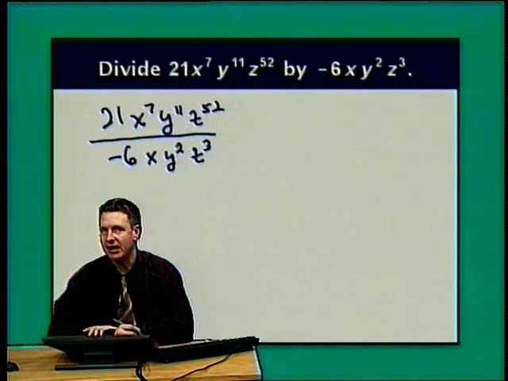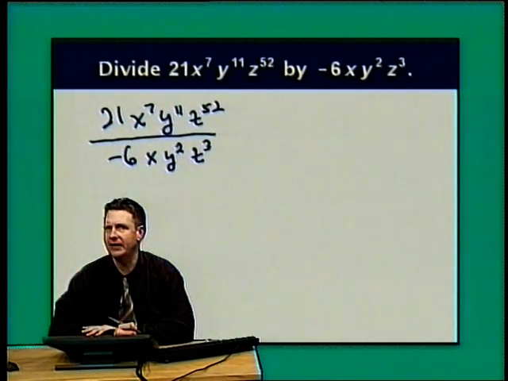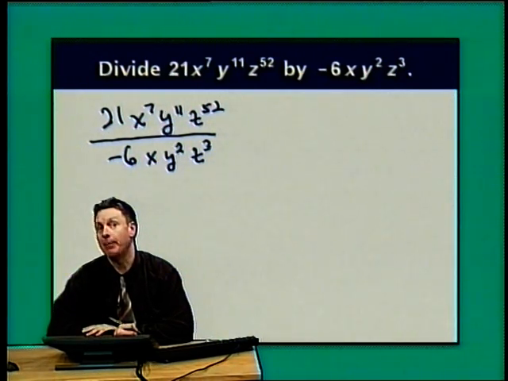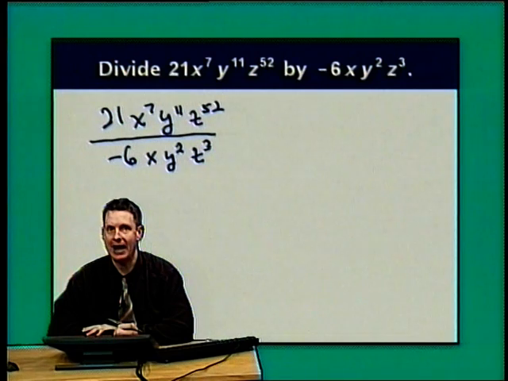Now the next step is I could literally write down 21 over negative 6 times x to the 7th over x times y to the 11th over y squared times z to the 52nd over z cubed. But I'm going to see if I can imagine that step in my head and write down the simplification that I would get after applying that step.